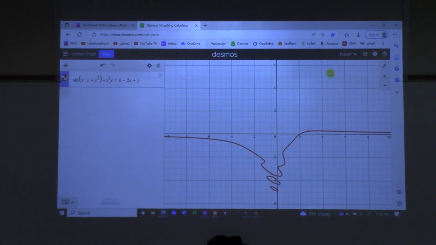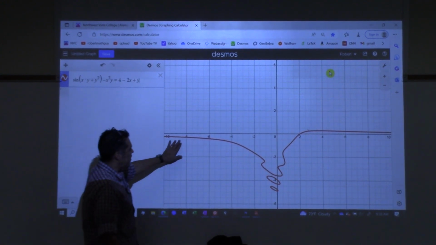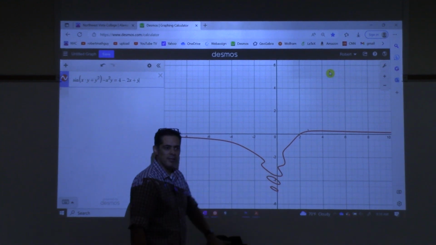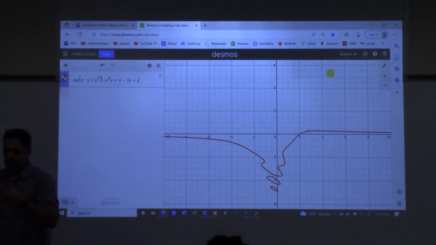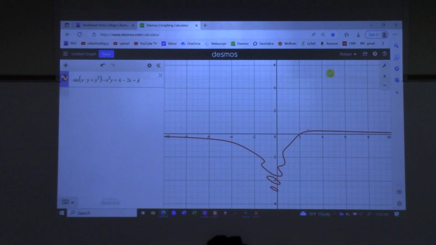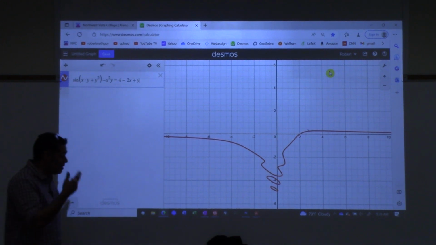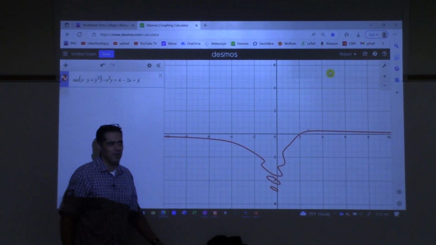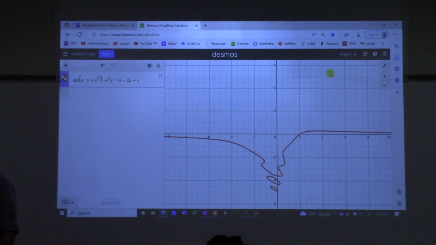There we go. It's kind of crazy, isn't it? Crazy looking function, or crazy, not function, crazy looking graph, right? And so I would like to be able to find the slopes of tangent lines in different places. So you may be sitting there at some point going, why the hell are we doing this, right?